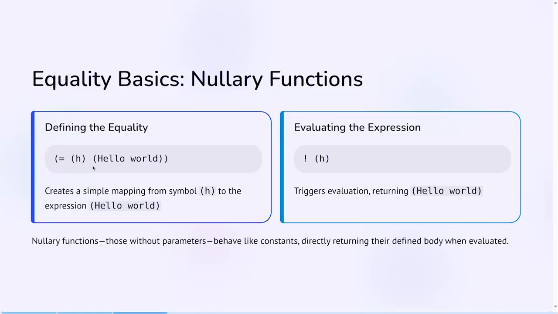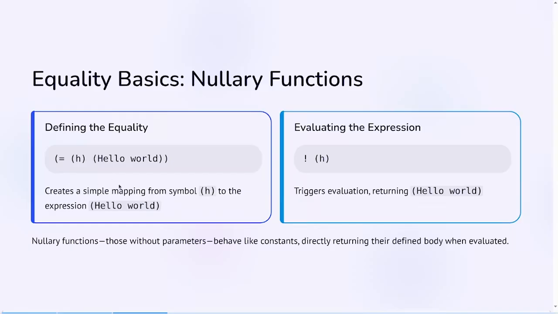Here we are defining an equality with the equal symbol. Then we have an expression that we need to reduce or transform. The next time we call that expression as defined here, it will reduce to whatever is stored in this expression.